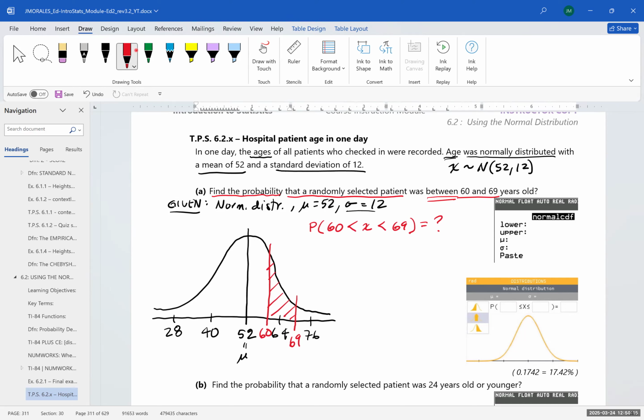All right. Well, what do we expect? It's a little harder to deduce an expectation here, but at first glance, I would say that the probability that we're calculating is going to be less than half. Because a probability of 1/2 would be the probability to one side of the mean.